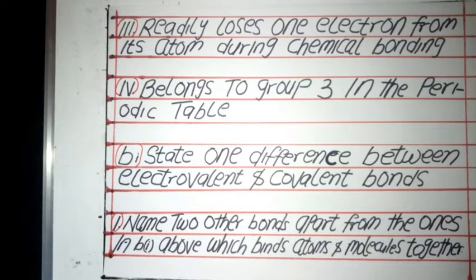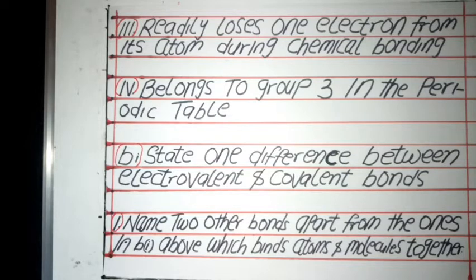So in that question, group 1, we have lithium. Group 2 is beryllium. So if lithium is to react, it has to lose its valence electron. It is only lithium that is a group 1 element in those examples given. So the answer has to be lithium.